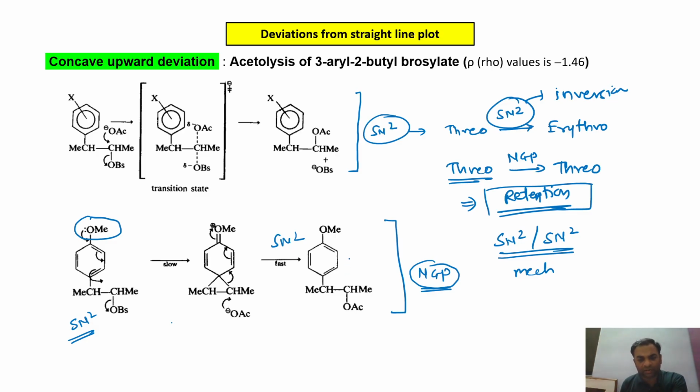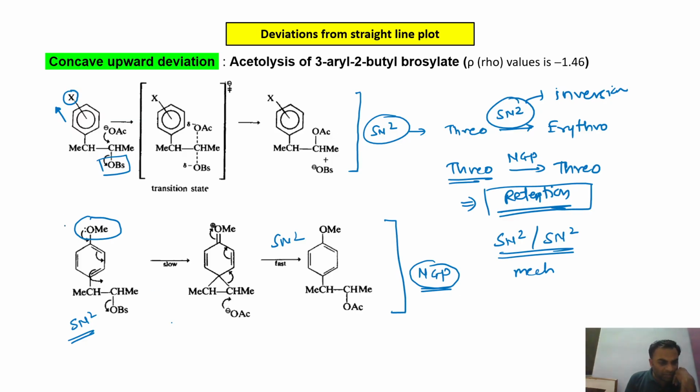Now, when is the SN2 mechanism possible? When this X is strongly electron withdrawing, it withdraws the electron density of the phenyl ring, and therefore the phenyl ring is unable to show anchimeric assistance in the departure of the leaving group, or this phenyl group is unable to attack the carbon bonded to OBS.